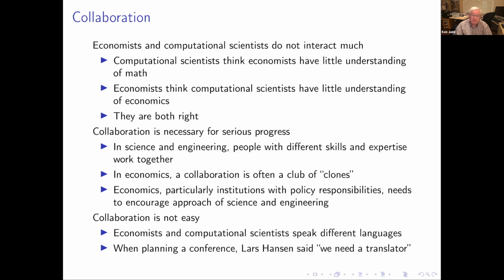Now, as I indicated, economists and computational scientists don't interact like they used to. There are reasons. Computational scientists think economists don't know much math. Economists think computational scientists don't know much economics. And after having dealt with both, I will say that both are right.